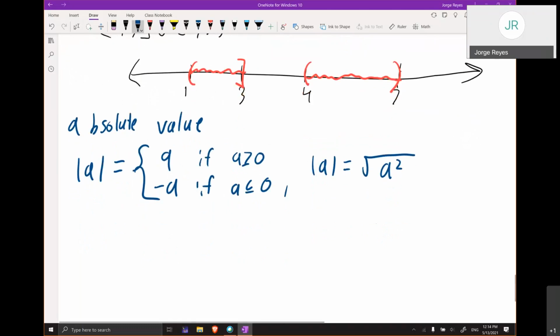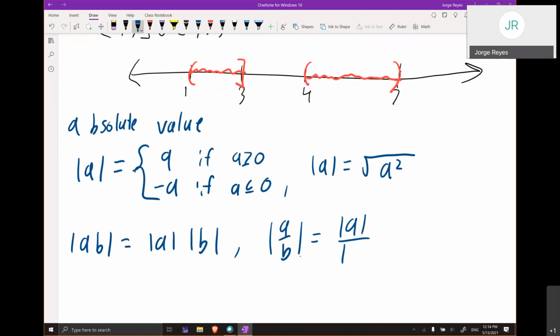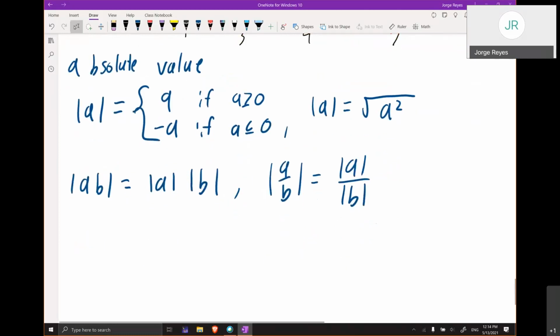And we have a property that it works like parentheses, where I can split it in half like this. And if I have a fraction, because a fraction is basically just multiplication, I can split it over the fraction bar. Just to quickly prove this to you, let me do an example of -3 times 5.